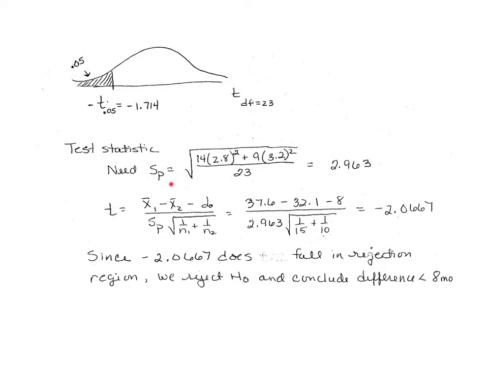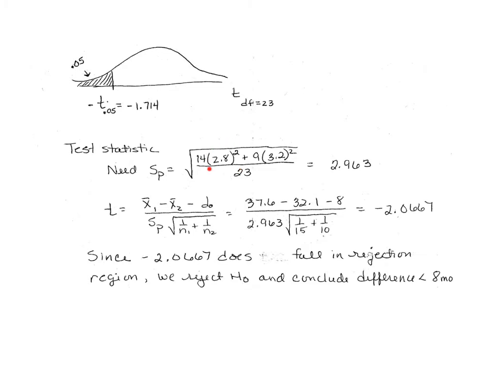For the t-test, we have to calculate our test statistic, and in order to do that we need the pooled sample standard deviation, which is the square root of n1 minus 1 times the sample variance of the first group plus n2 minus 1 times the sample variance of the second group, divided by the degrees of freedom. So we have the square root of 14 times 2.8 squared.